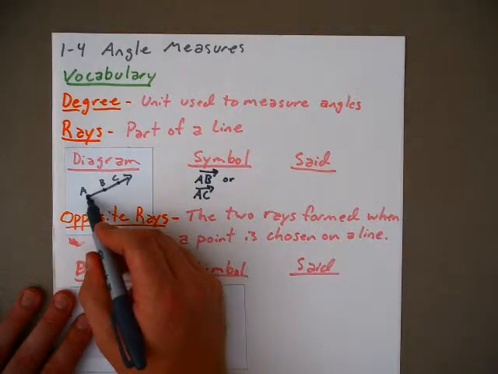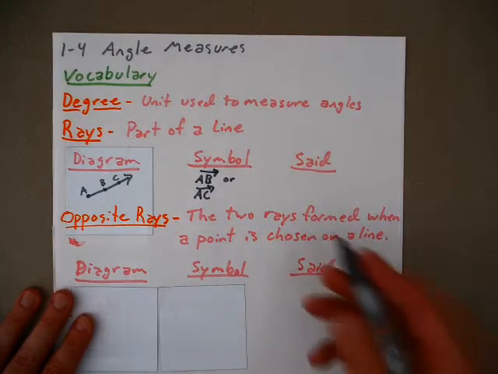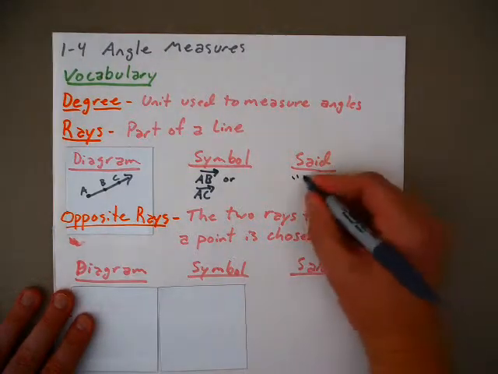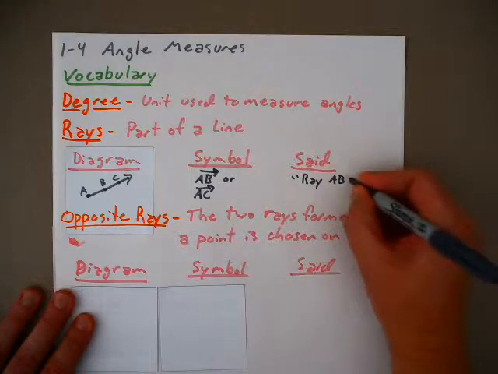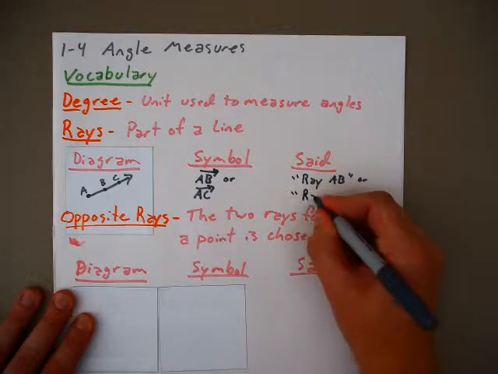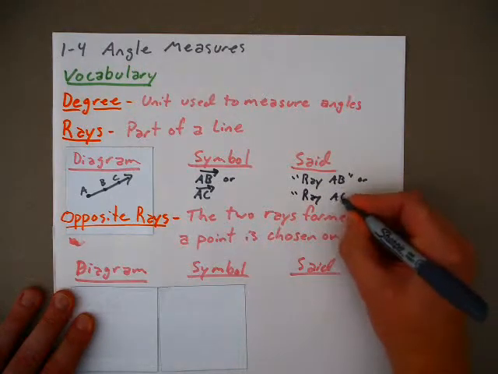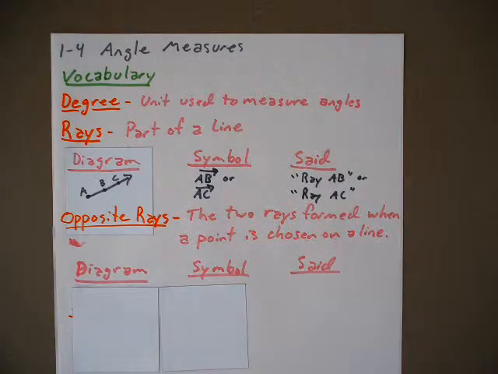Remember, you always start at the endpoint and choose any point that's on the line. You would refer to this as ray AB or ray AC. Either one would be appropriate.